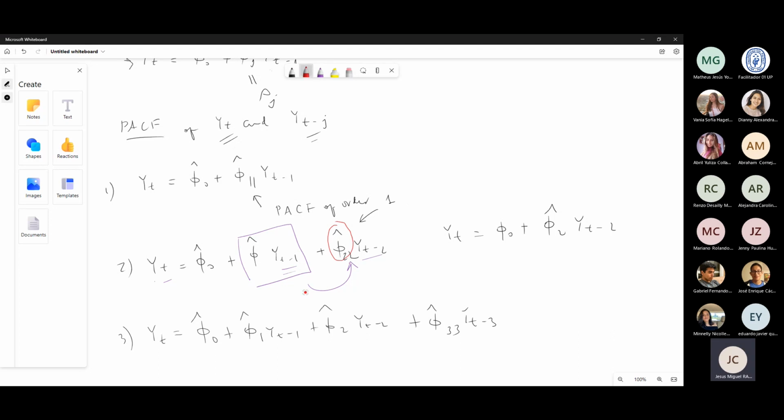Okay, this is the partial. Okay, this is the PACF of third order.